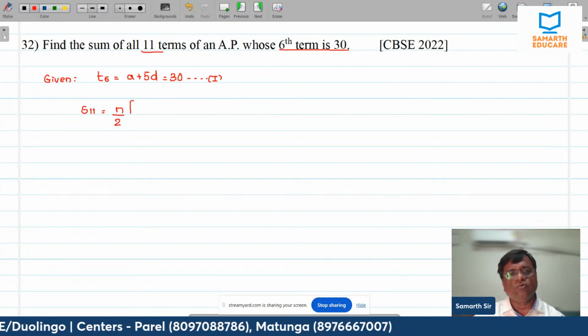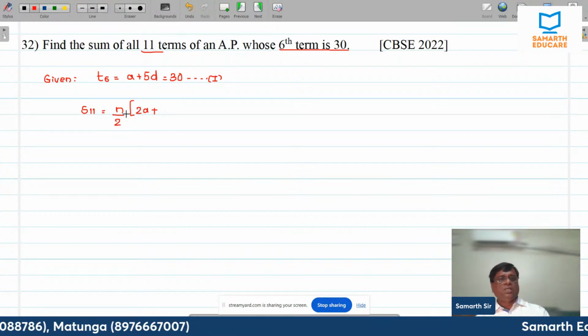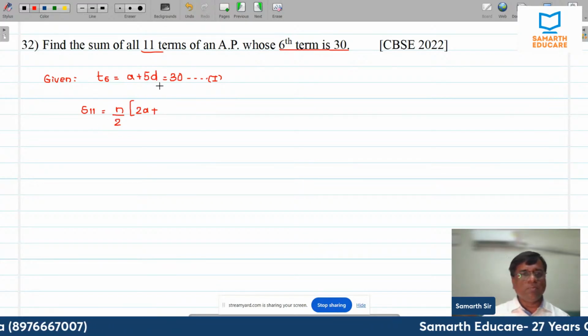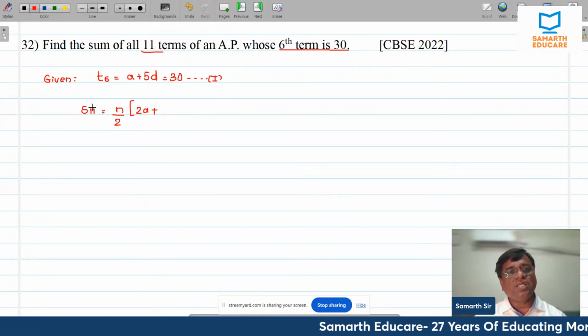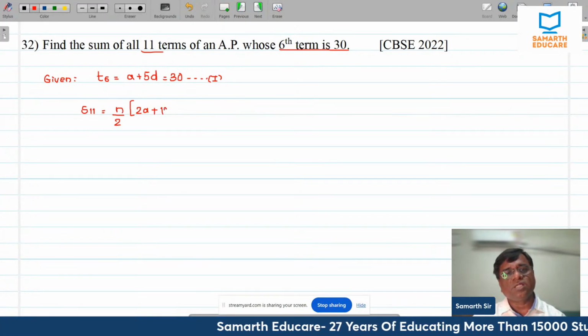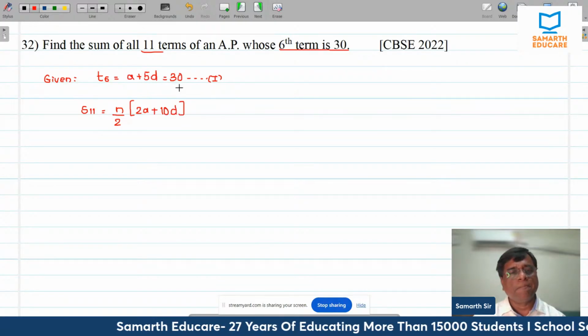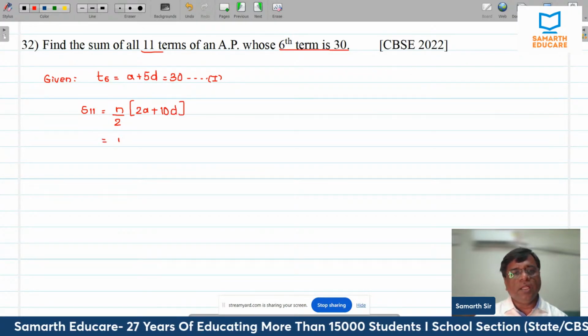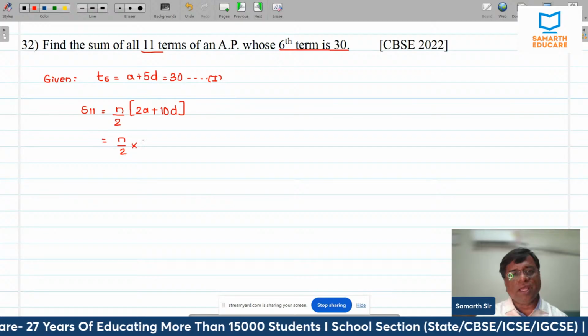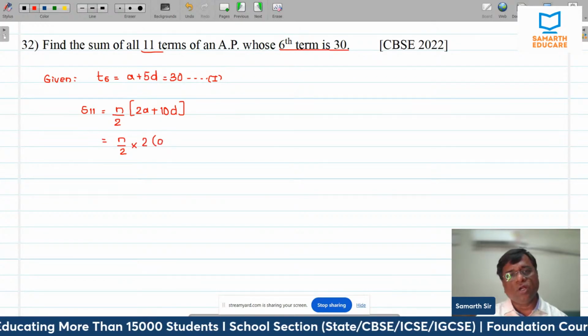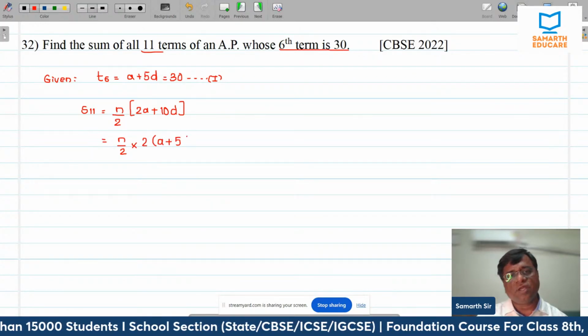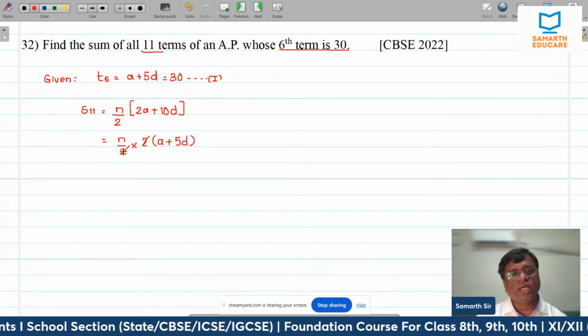n by 2, the formula is 2a plus, remember, n minus 1, 11 minus 1, that is 10d. Okay. Now, n upon 2. From the bracket, if I take 2 common, what remains inside the bracket is a plus 5d. So 2 gets cancelled.